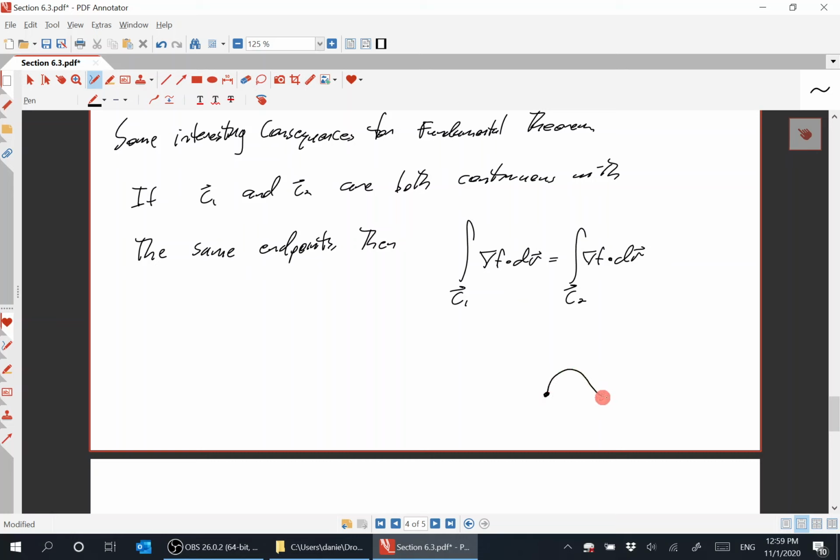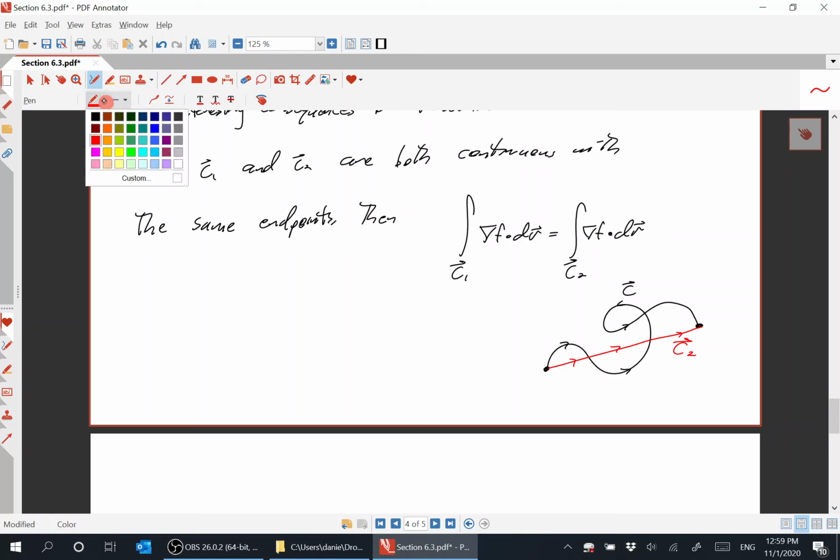So we used just a line segment in the last example. You know, if this is C1, any weird curve, well, you might as well just take the straight line or some other curve that might be useful for you. That's C2. So that's something a little more interesting than the ordinary fundamental theorem of calculus.